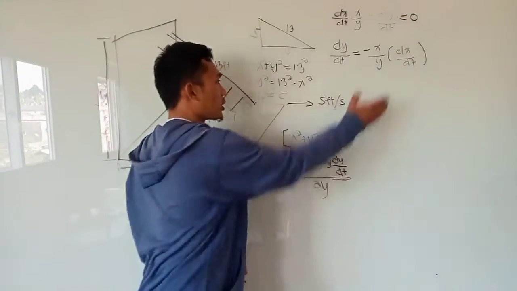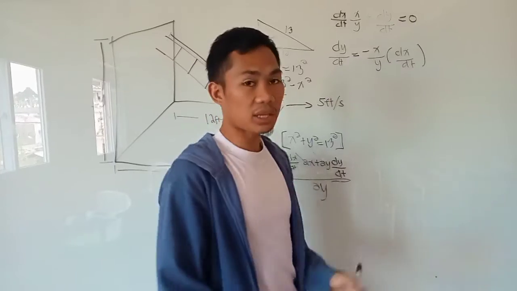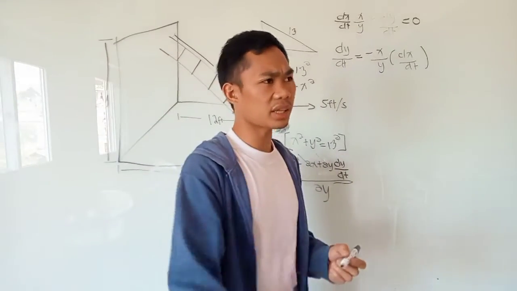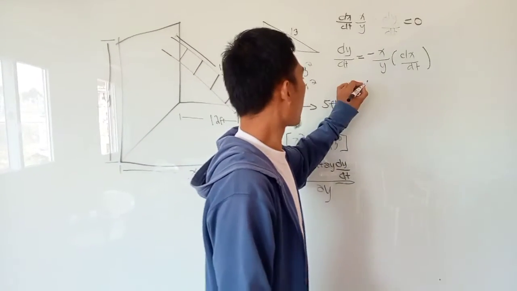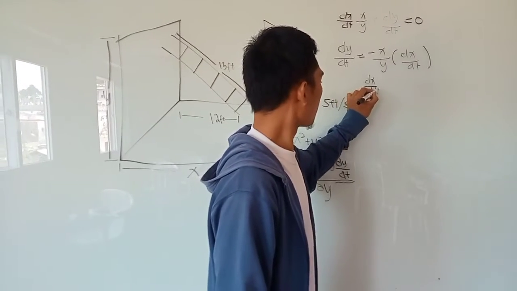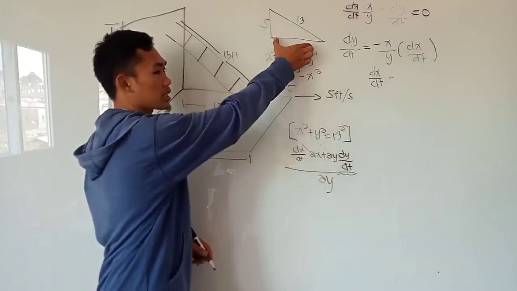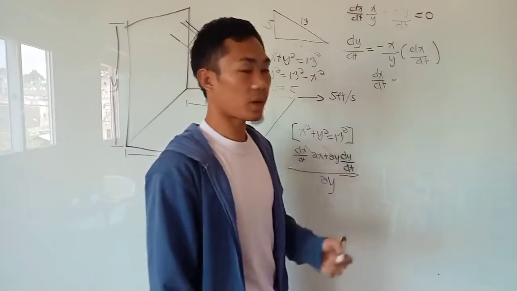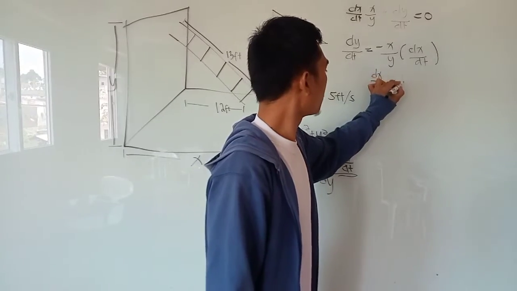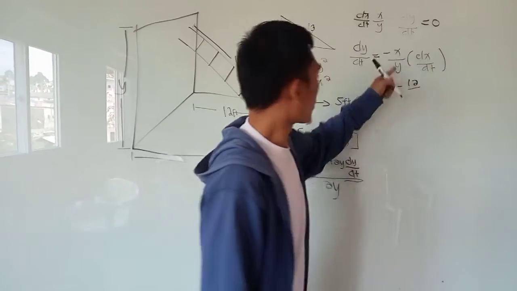So we can easily solve it because we already have the values. By plugging it into our calculator, we have negative the value of x, which is 12, over our y.